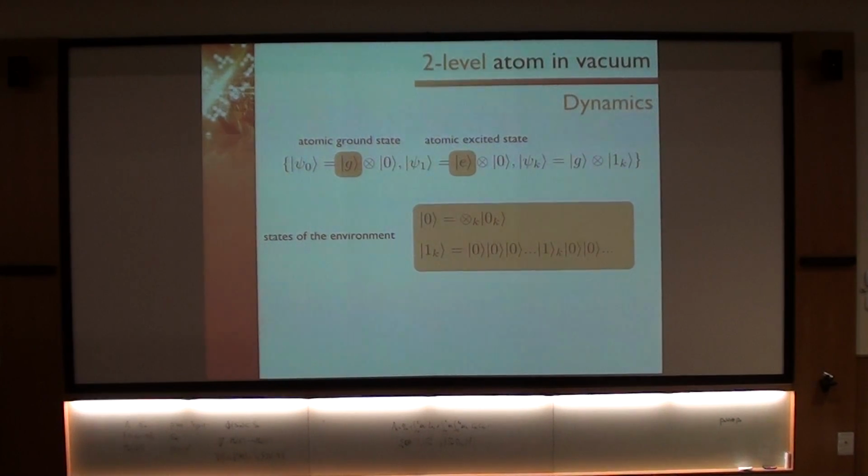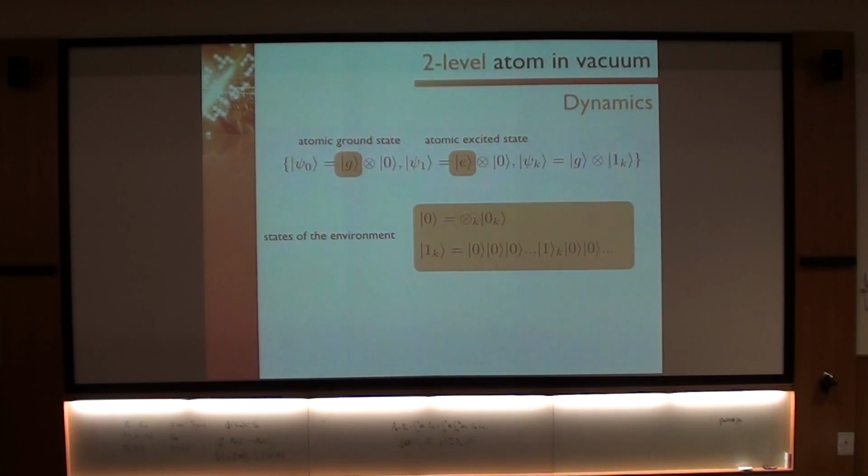So specifically, I will assume that the state of the environment is the vacuum of the electromagnetic field. So I can indicate, this is my notation for the vacuum of the electromagnetic field, so there are zero excitations in all the modes. And I indicate with 1_k the state in which one photon is in one of the modes of the electromagnetic field.